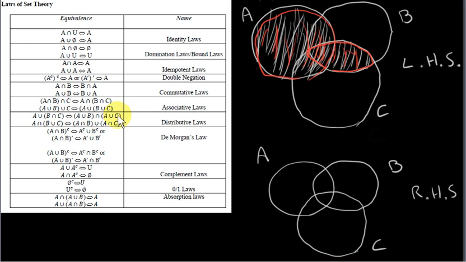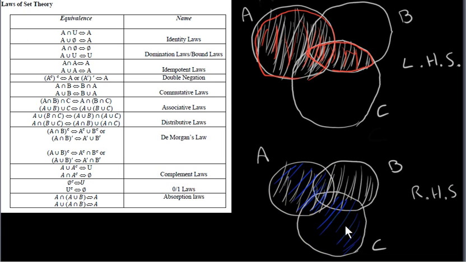Now let's look at the right hand side. We want to take A union with B and intersect it with A union with C. Well, A union with B is everything in this shaded region. Just unite A and B together. Let's look at A union with C. I'll do that in a different color. A union with C is all this region here, all of A and all of C. And we're interested in the intersection of these two regions, the white region that I shaded and the blue region.